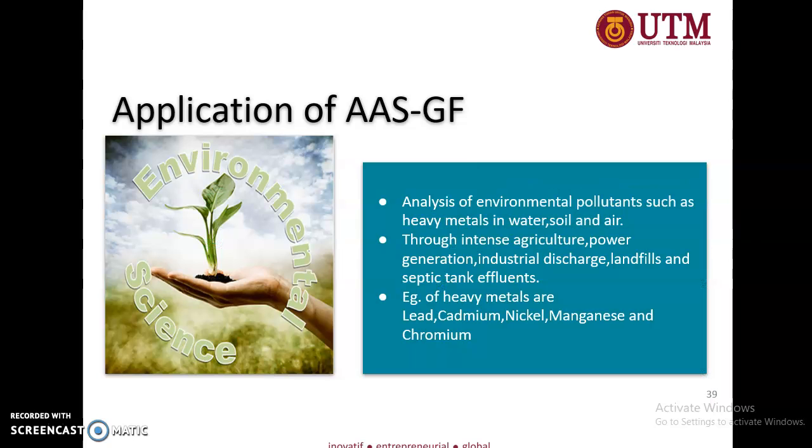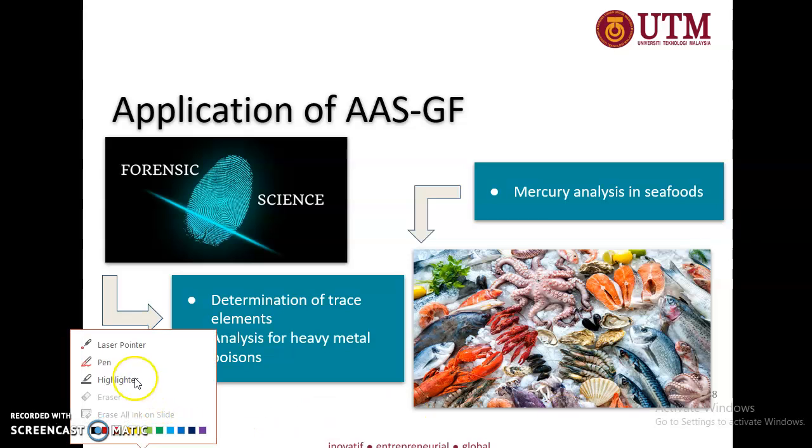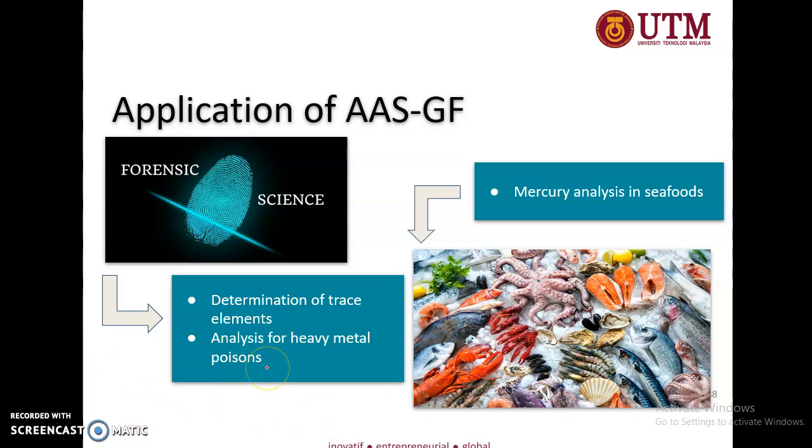Other than seafood, you can do heavy metals analysis in poison as well. You can also do determination of trace elements in water samples. Sometimes when you are dealing with well water, all those perigi, you can get a lot of elements, especially in perigi, they have more arsenic.